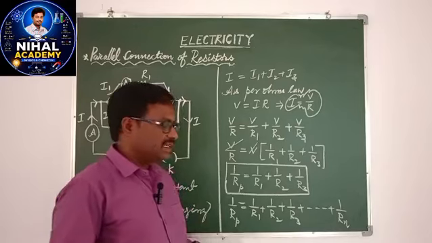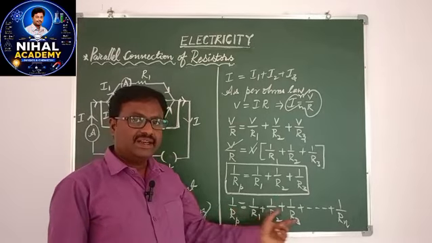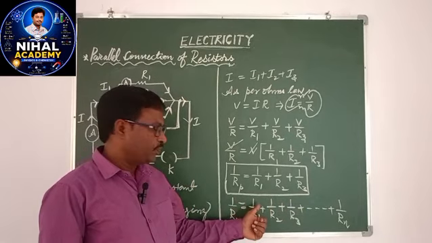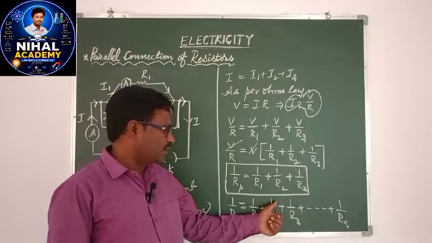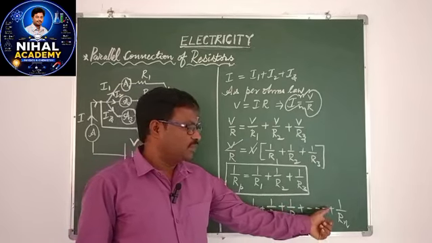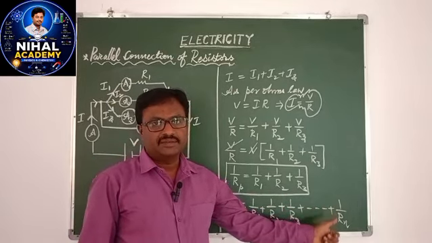So this is the resultant resistance when n resistors are connected in parallel.